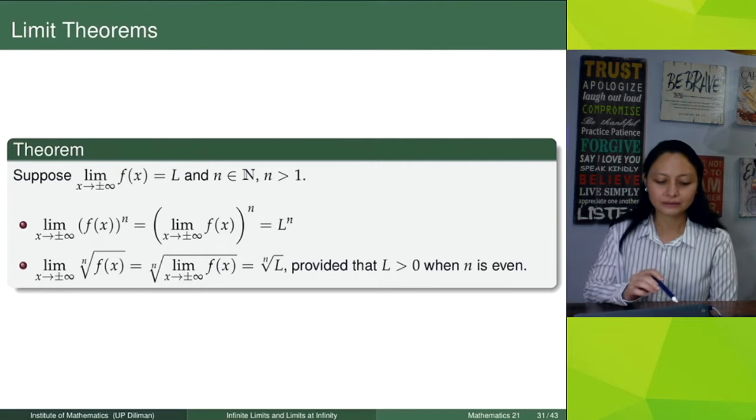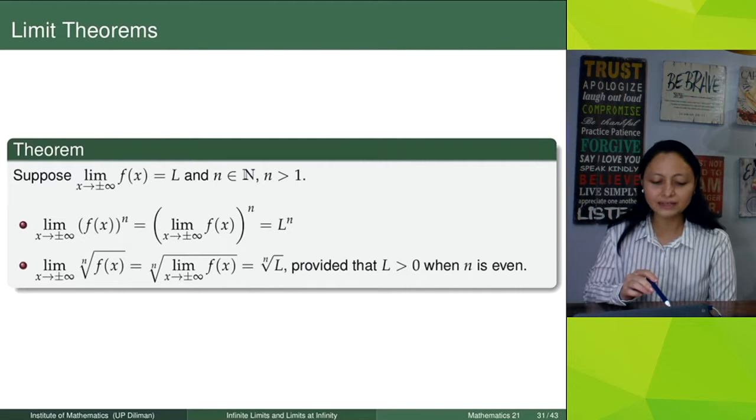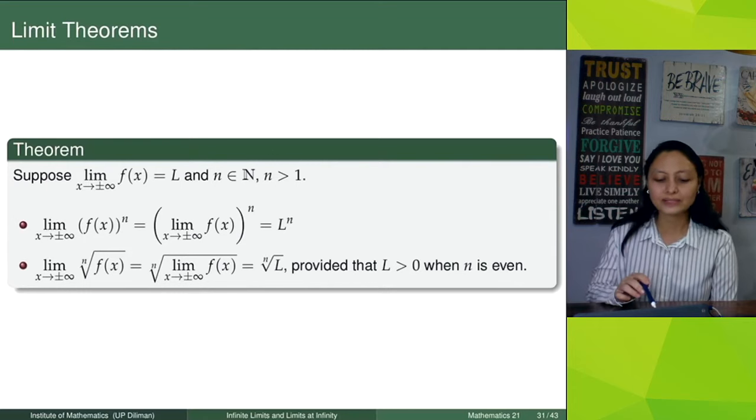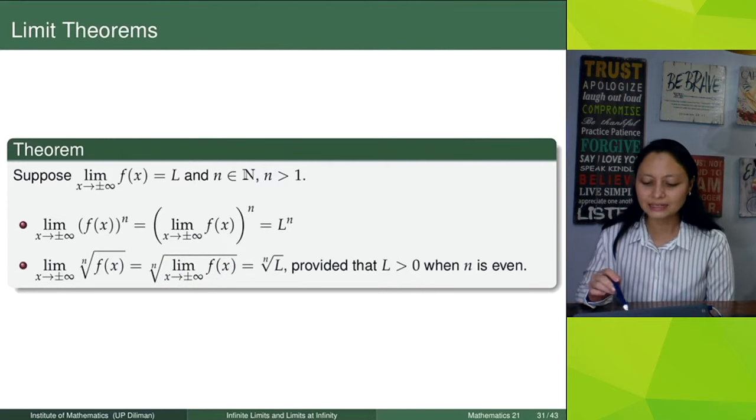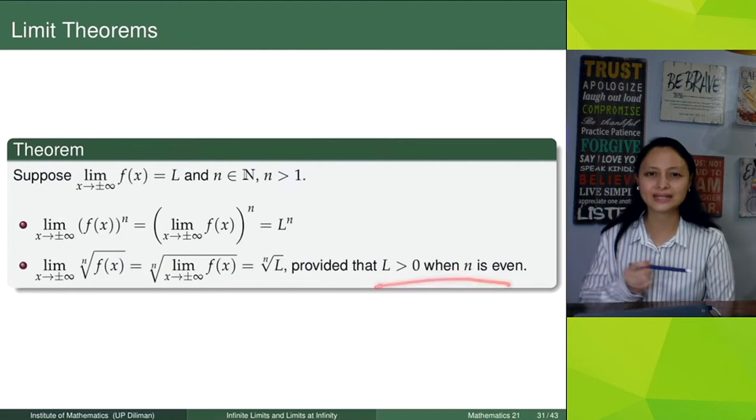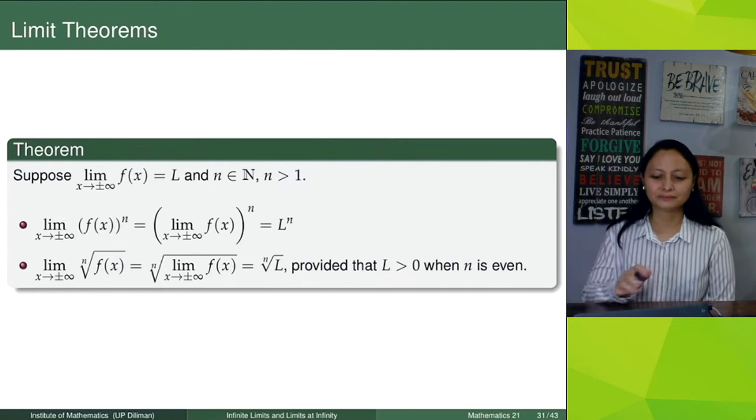Okay? Or if you want to get the limit of the nth root of f of x as x approaches plus or minus infinity, pwedeng kunin nyo muna yung limit and then get the nth root. Andun pa rin yung restriction natin na the limit or yung radical nyo should be greater than 0 when n is even. Okay?